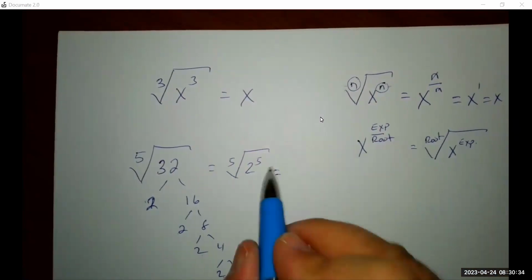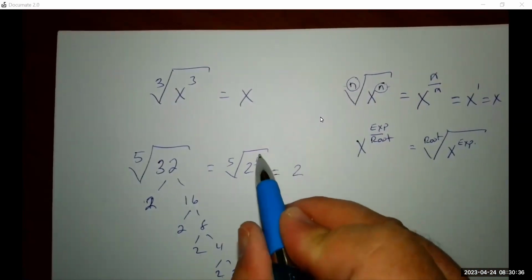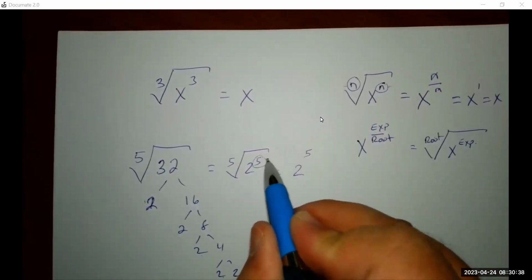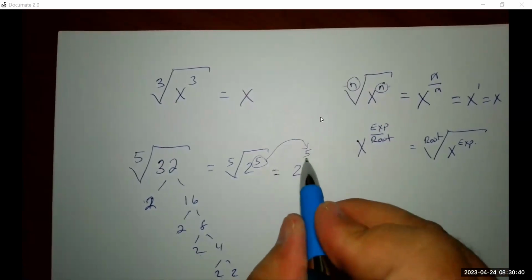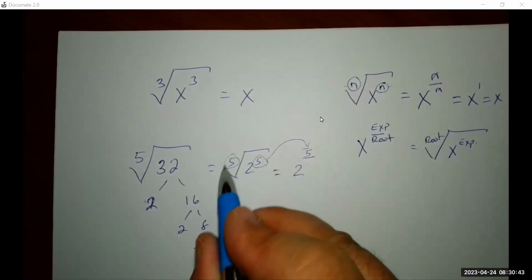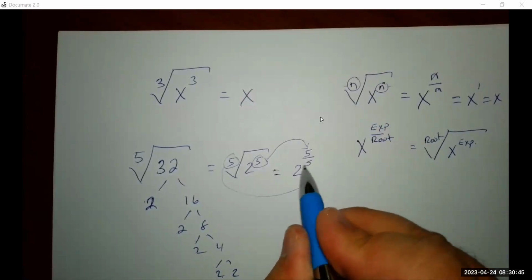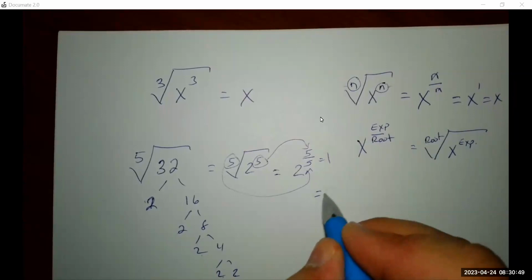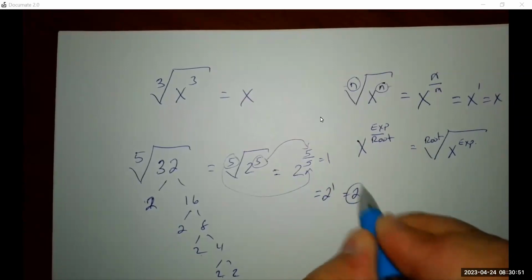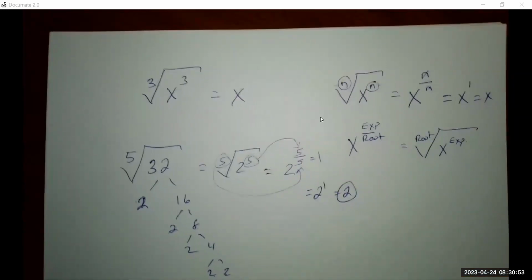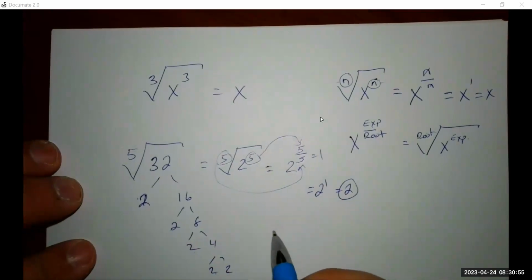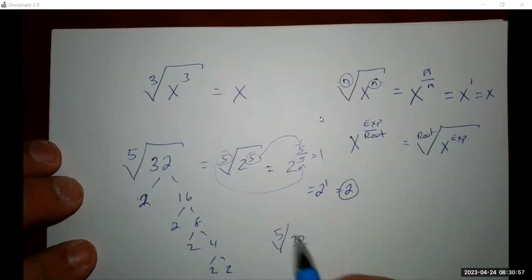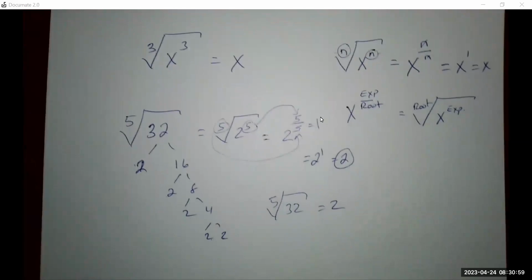Using this formula here, the exponent goes on top, divided by the root. The root goes on the bottom. That equals 1. So 2 to the power 1 is 2. So the fifth root of 32 is 2.